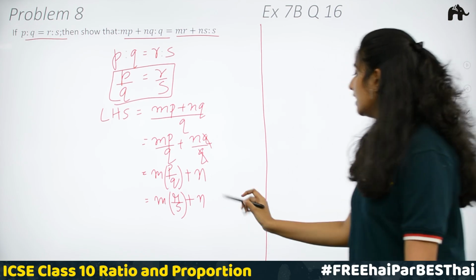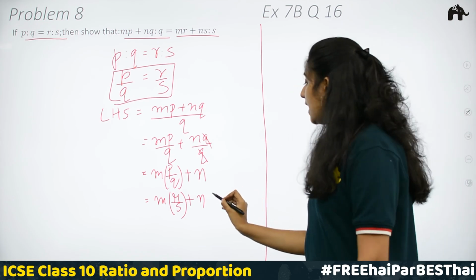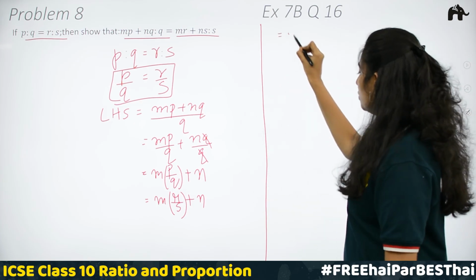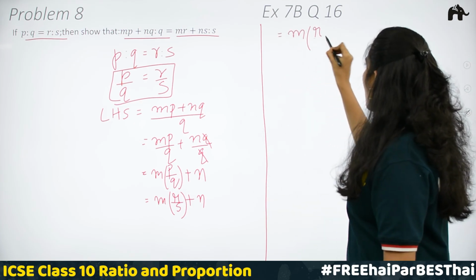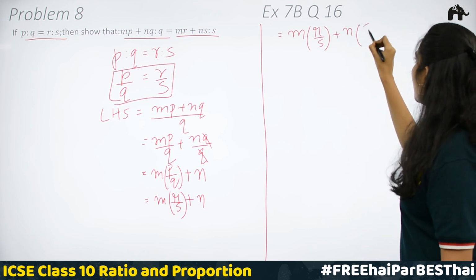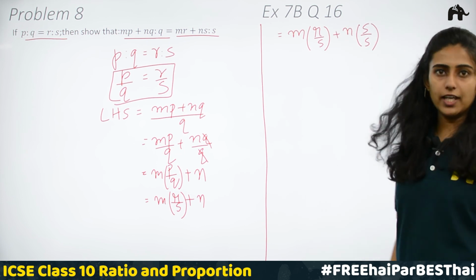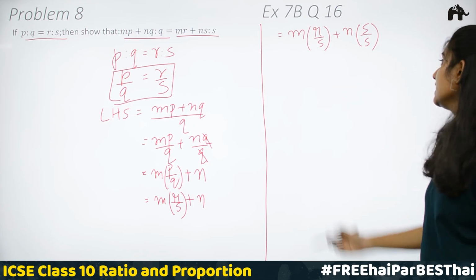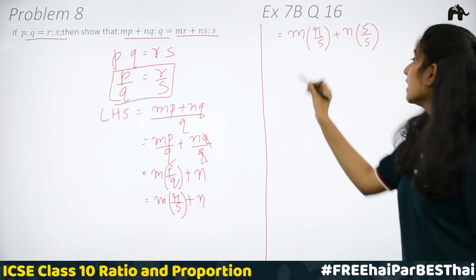For that, with N, we are multiplying S and dividing S. That is equal to M into R by S plus N into S by S. Now, here we can take S as the LCM from both these terms.